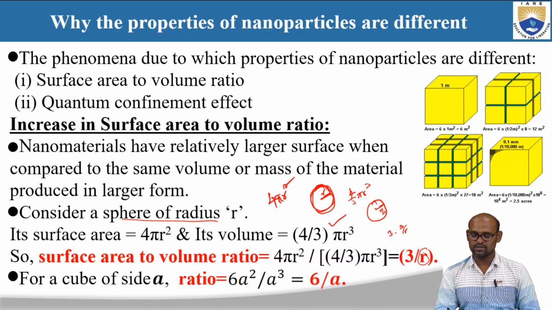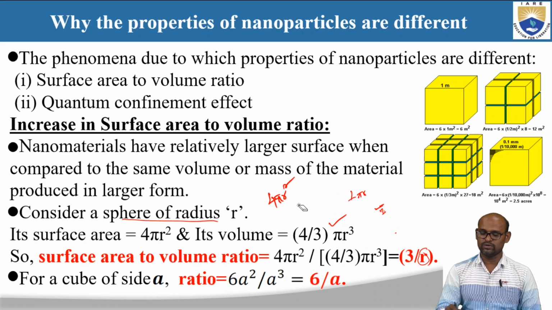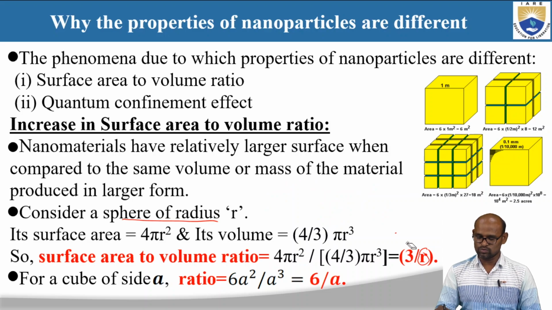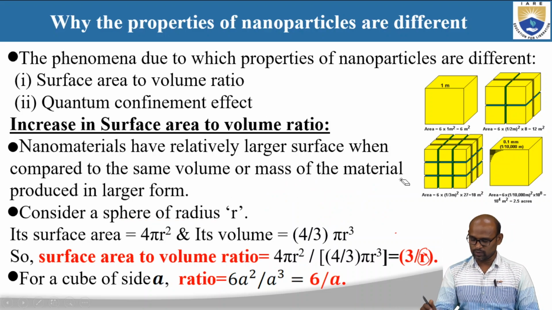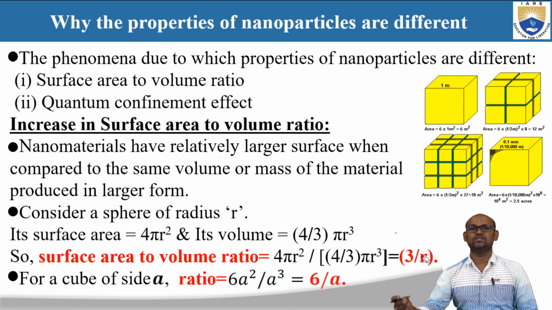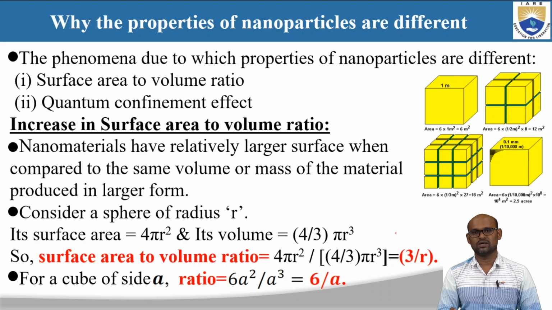When the radius is reduced to r by 3, the surface area to volume ratio is 3 into 3 by r, so 3 times more. So when we change the particle size, the surface area to volume ratio increases.